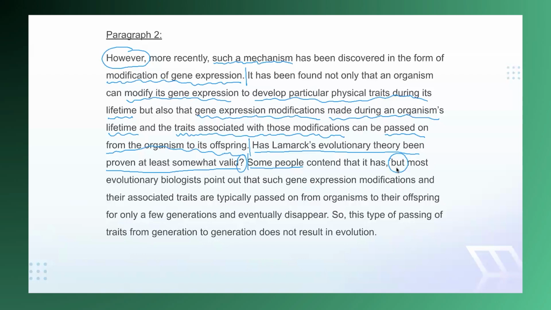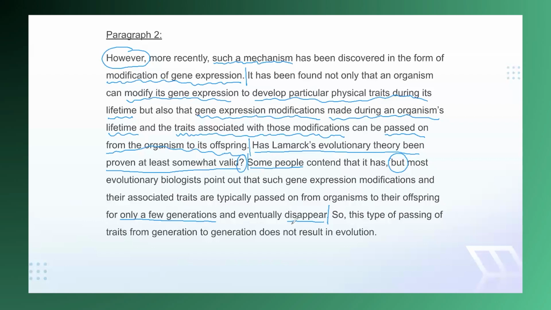Some people contend that it has, but most evolutionary biologists point out that such gene expression modifications and their associated traits are typically passed on from organisms to their offspring for only a few generations and eventually disappear. Okay, so we've got some negative language, only a few and disappear, right? And that makes sense because this is negative, right?